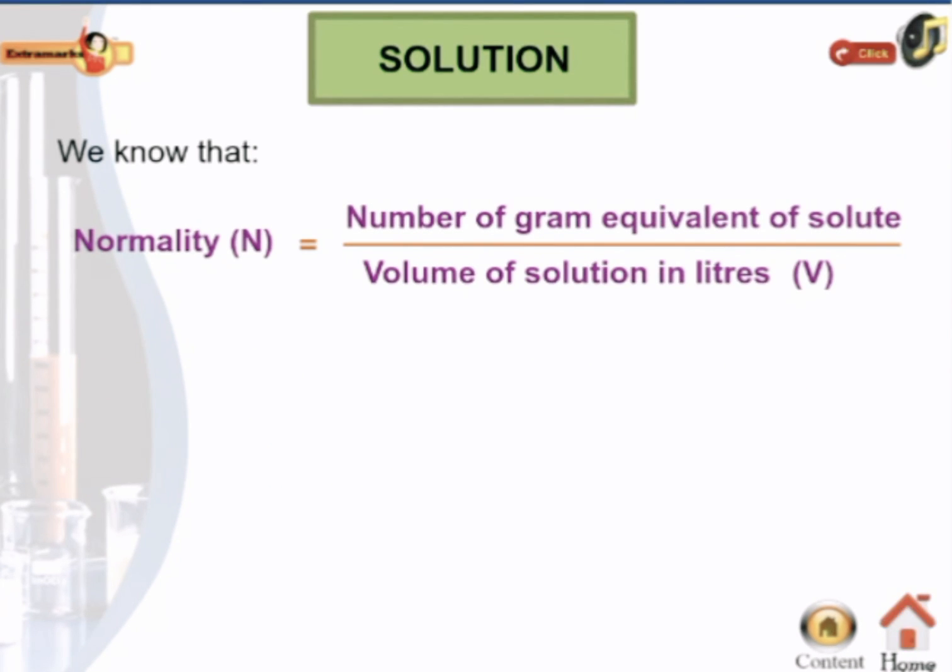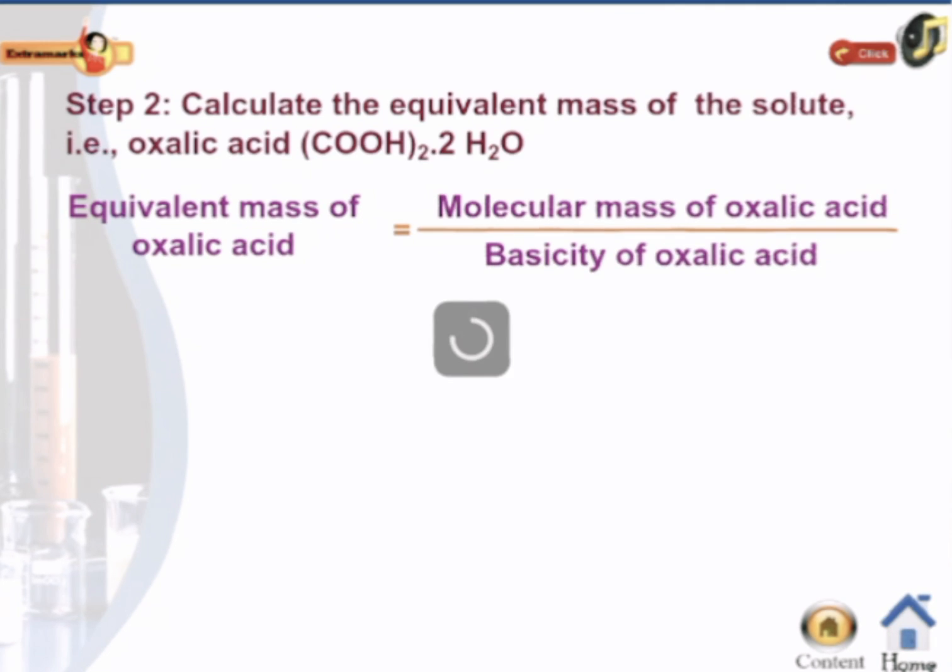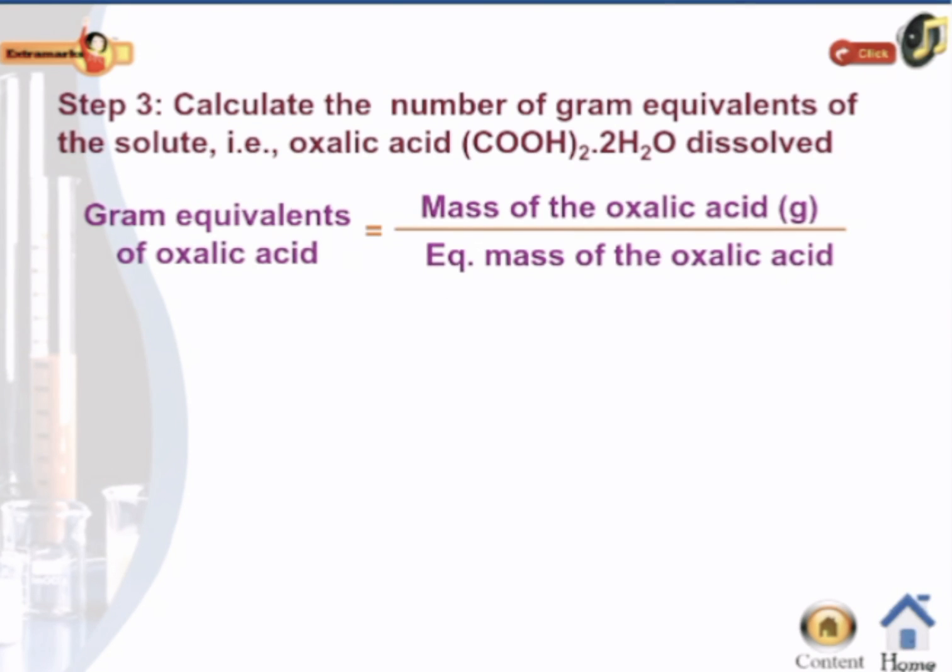we know that the normality is equal to the number of gram equivalent of solute upon the volume of solution in liters. For calculating normality, we will follow Step 2. Calculate the equivalent mass of the solute, that is, oxalic acid, with the help of the given expression. Step 3. Calculate the number of gram equivalents of the solute, that is, oxalic acid dissolved.